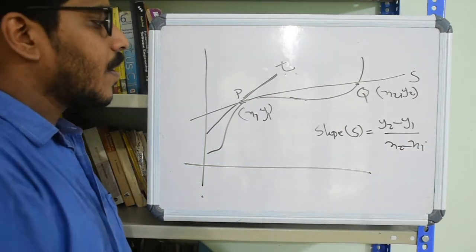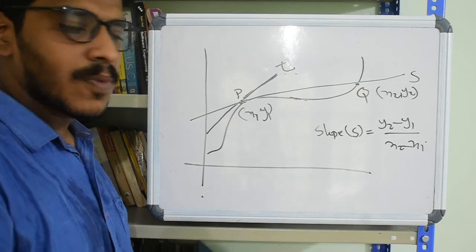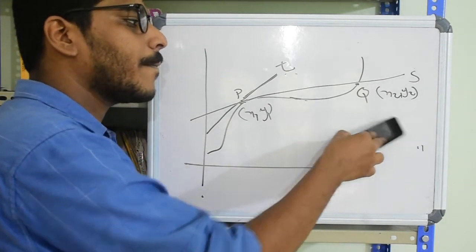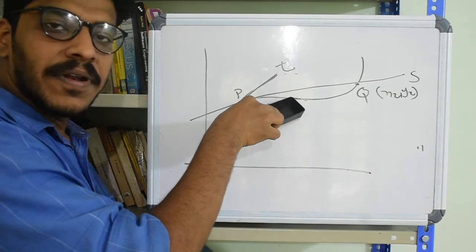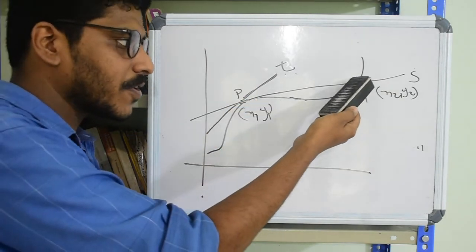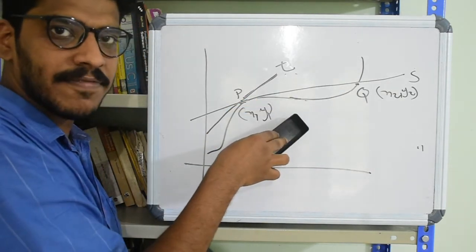Now we make a small arrangement that we bring the point Q nearer to P on the graph.